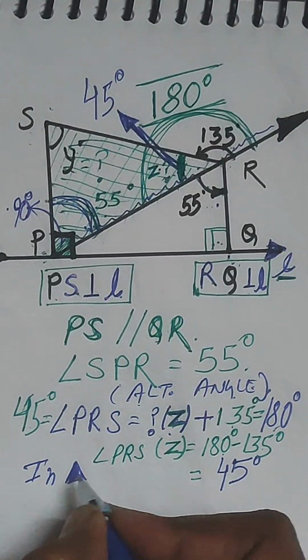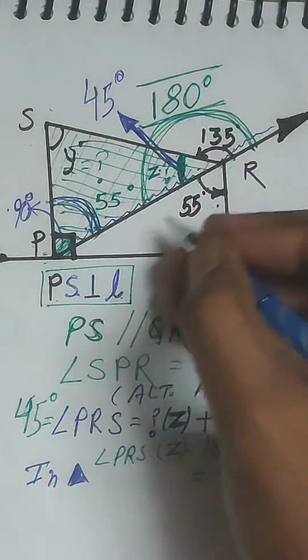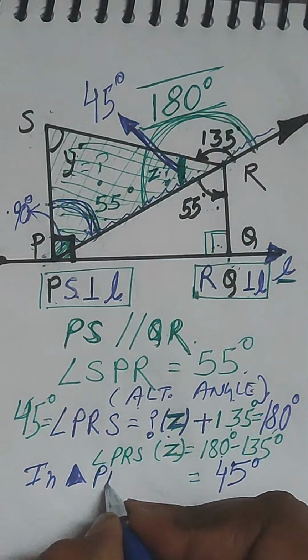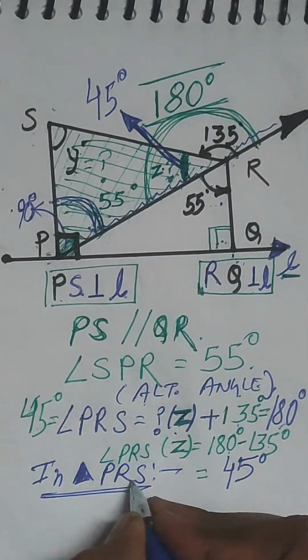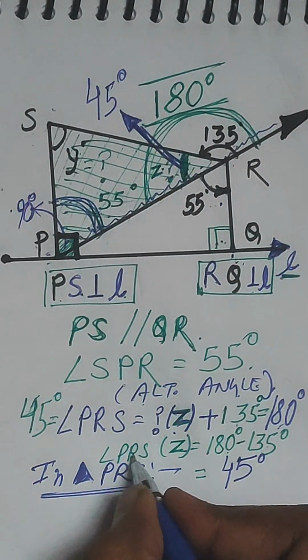So I'm considering triangle PRS. This is the triangle PRS. Don't get confused with this angle PRS, right?